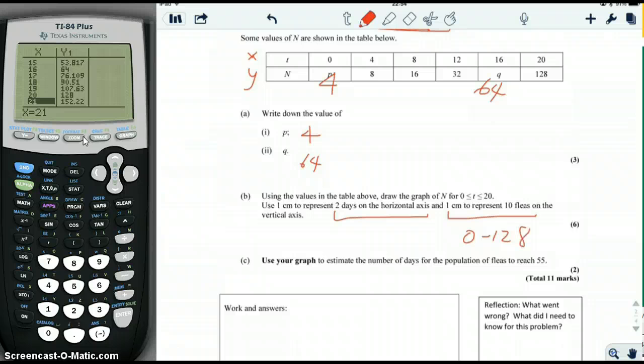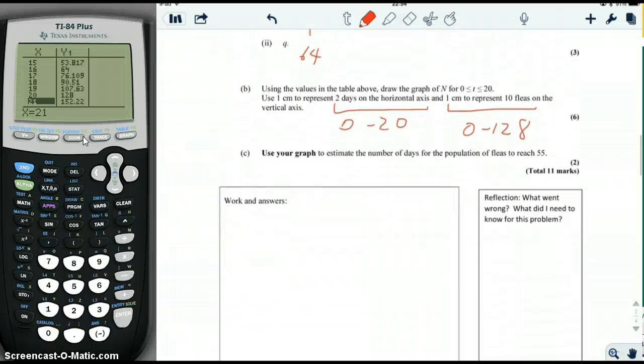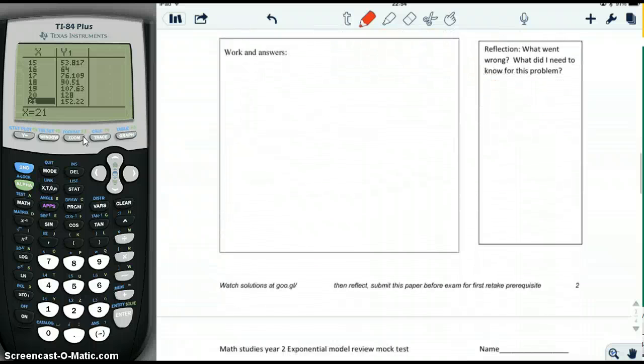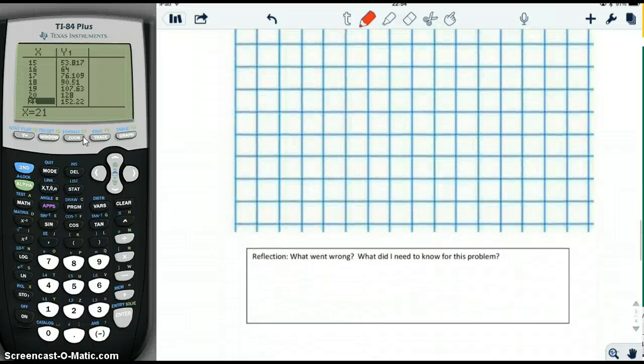On the x-axis, we're going to range from about 0 to 20, and we're going to have 2 days for every centimeter. Okay, so let's go down to the graph paper. And so we're going to have 0 to 20, counting by 2's for the x-axis.